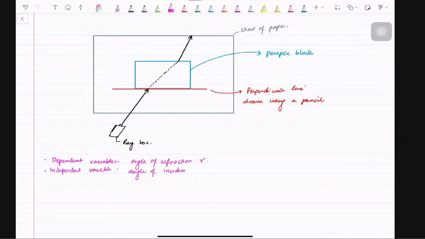Obviously we can move the ray box to control this, and what you need to keep constant, or control variables, must be like: use the same perspex block. So you should always do that for different values of i.